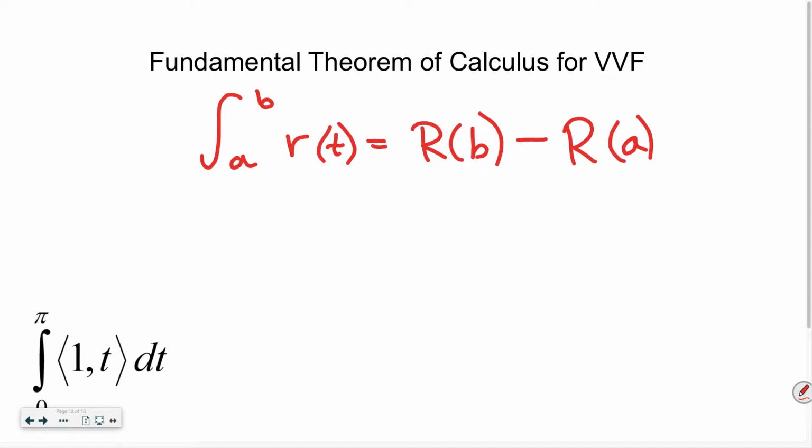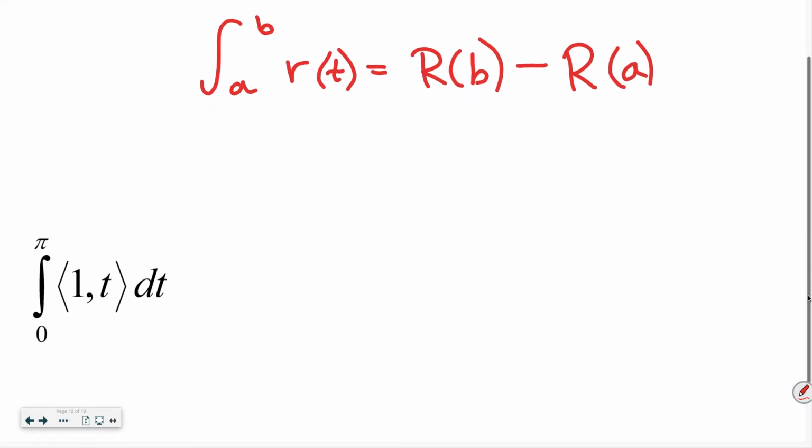That is still a thing. We just have to be careful that we separate the components when we do our antiderivatives, but we would still evaluate from a to b. Yeah, this is the example we're going to do.